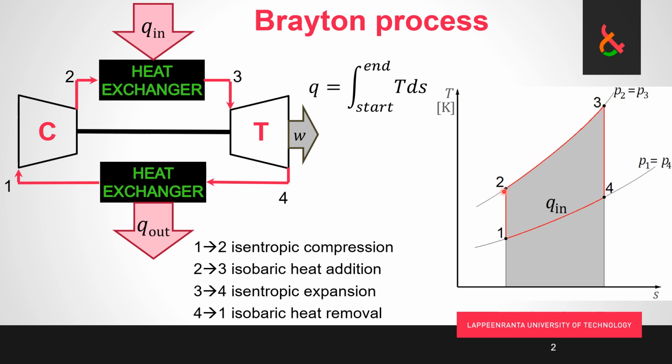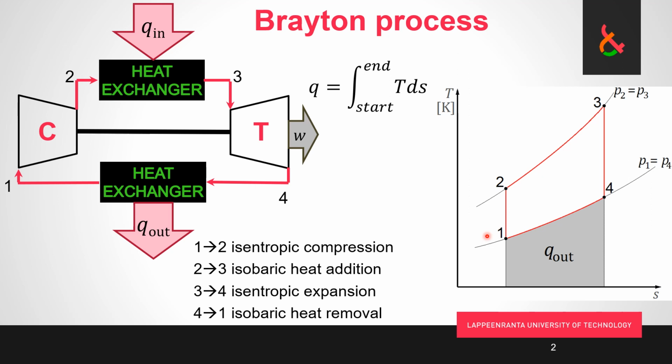Everything that is under this curve, this graphical area, depicts the heat. And then we did the expansion, and from point 4 here we move in the opposite direction to the left, and again everything underneath represents the heat, removed heat in this case.